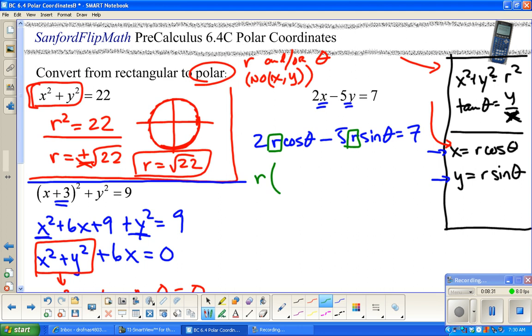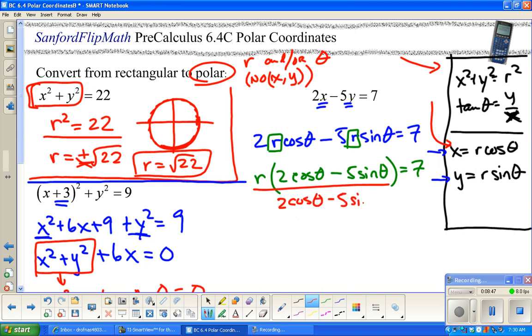So take r out. Now I can get r by itself by dividing both sides by that big ugly thing. No offense, big ugly thing. And I'm dividing on both sides. And I know I'm kind of making a mess here, sorry.